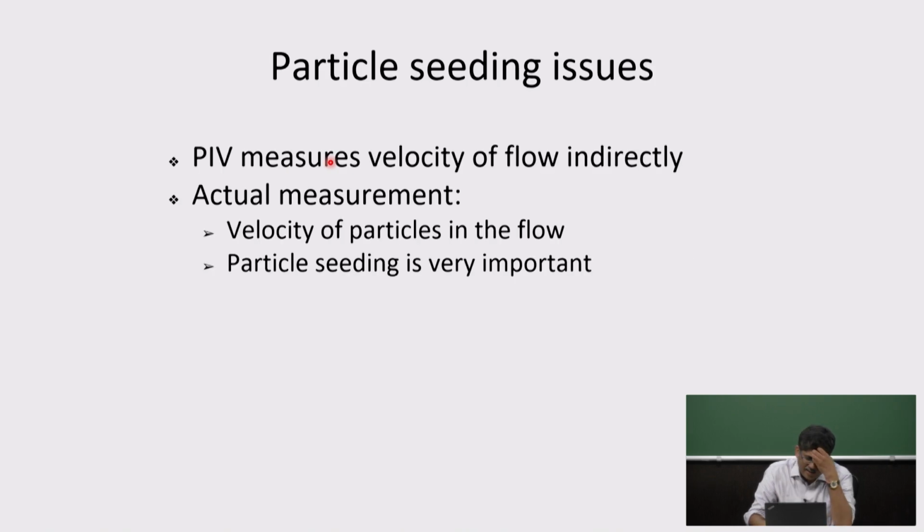Seeding is also very important. Seeding particles determine whether you are measuring the actual velocity or the apparent velocity. If you seed the particles correctly, they follow the flow smoothly and you get the actual velocity.